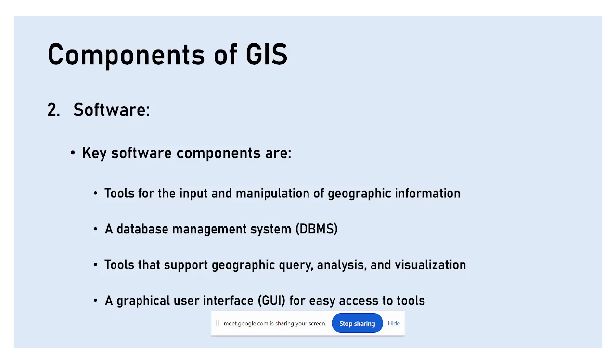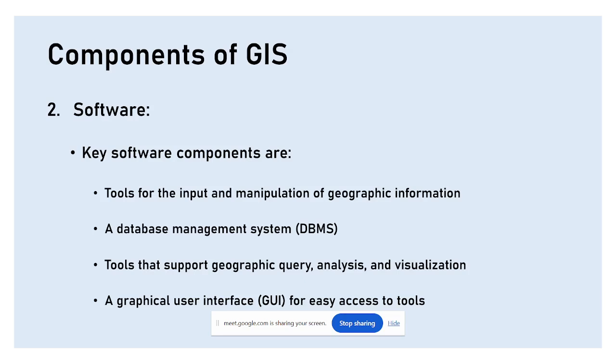That's what I was saying: if you download the software, you can see what all tools are available in the GIS toolbox. It's very interesting. Then you have a database management system, which contains all the data, not every data, but to some extent the data that you require.